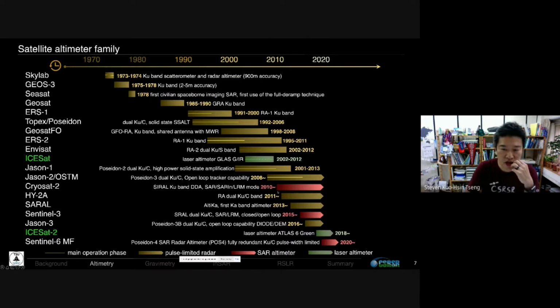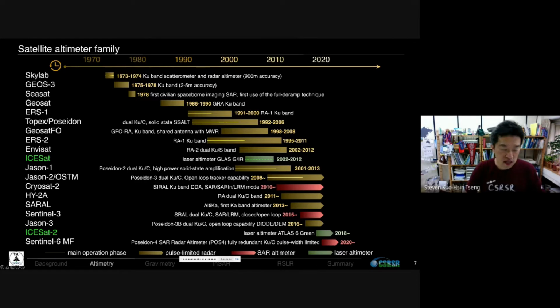However, since the SAR altimeter CryoSat-2, and today Sentinel-3 and Sentinel-6, they fill the gap between open ocean and land. So we have better sea level measurements and time series within a couple of kilometers of the shoreline.